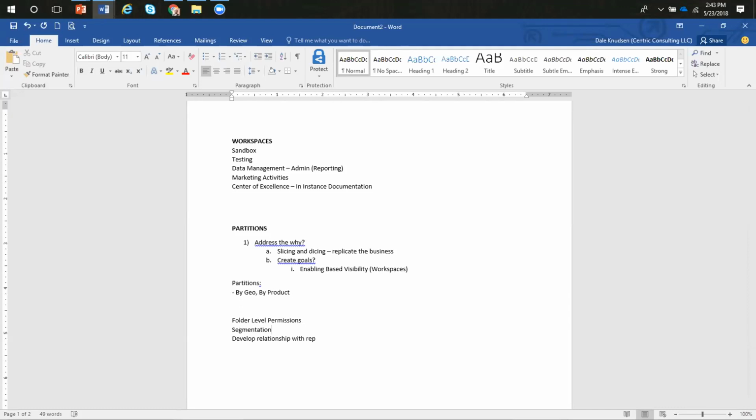The other big note I had here was that instead of partitions, look towards segmentation, because it's way more flexible and can actually handle the needs of marketers, whereas partitions are really not going to be able to do that for you. So basically, instead of having a partition, you would set up a different segmentation for each instance of a partition, and then you would build segments within those.